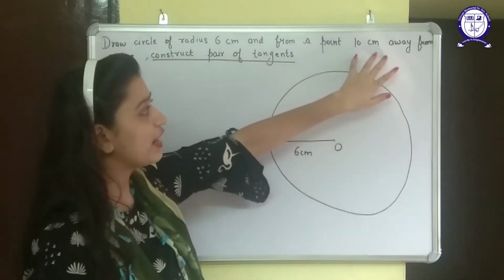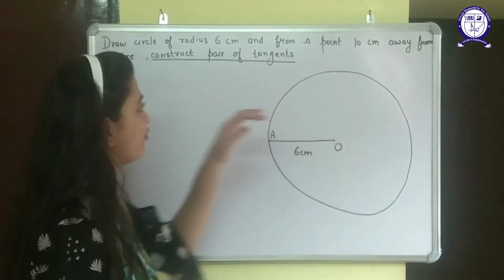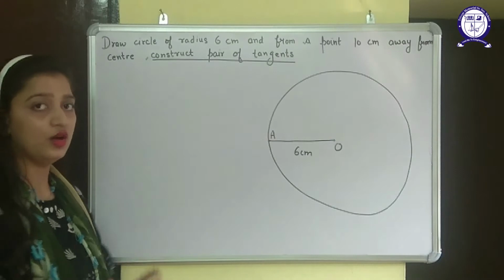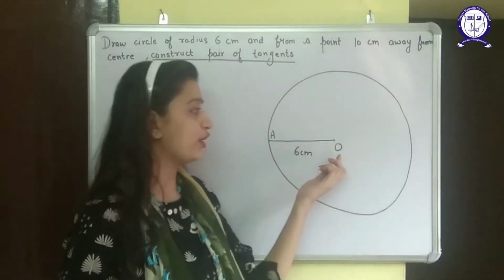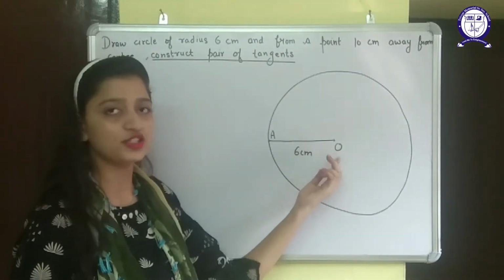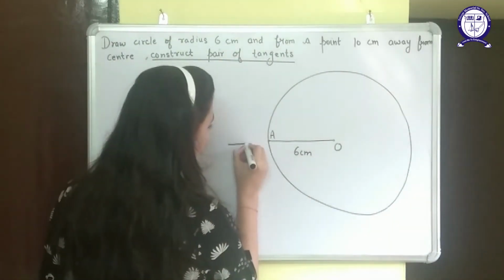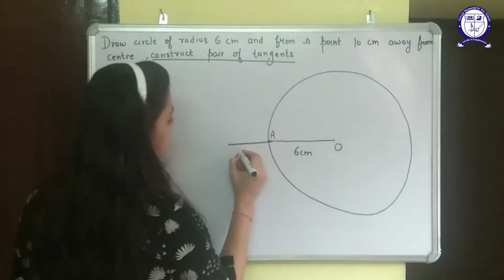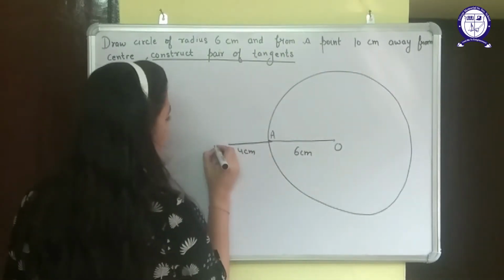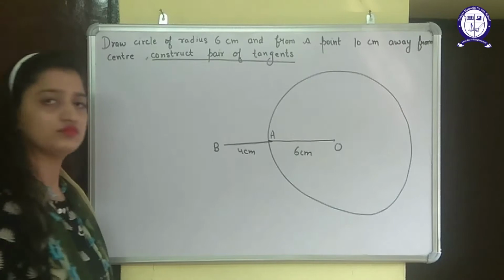And I need to take a point 10 centimeters away from the center, from this point O. So I can extend this line up to 4 centimeters more. Let it be B.